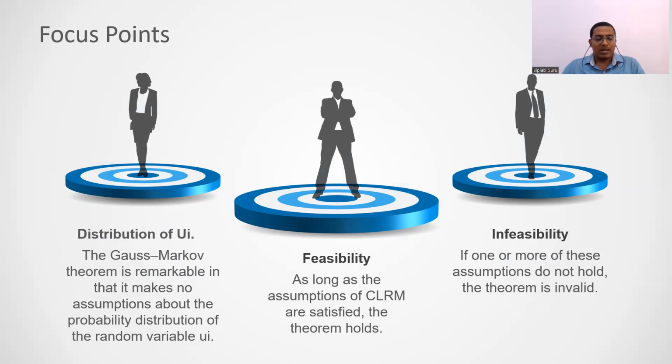So that is why it is a remarkable theorem, where as long as the assumptions of the classical linear regression model are satisfied, the theorem works. If all the 10 assumptions are satisfied, the Gauss-Markov theorem says that the estimators beta 1 hat and beta 2 hat are the best linear unbiased estimators. And this is not feasible if one or more of these assumptions do not hold.